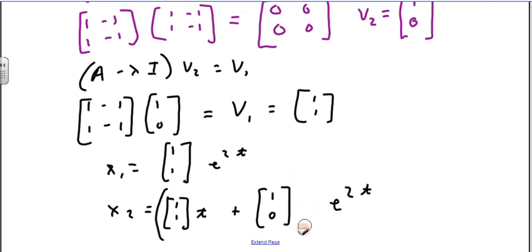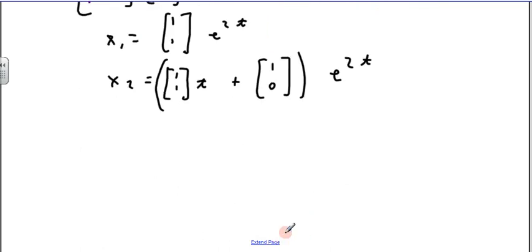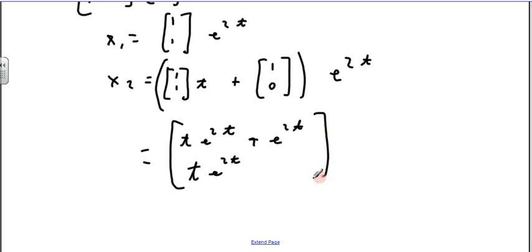Okay. And so x2 is going to be t e to the 2t plus e to the 2t, t e to the 2t. Alright, that's good. And x1 is e to the 2t, e to the 2t.